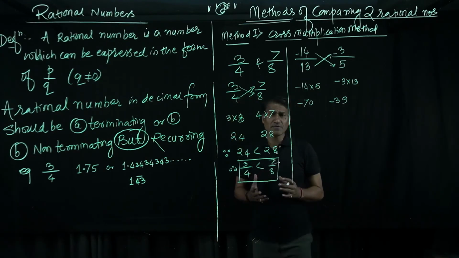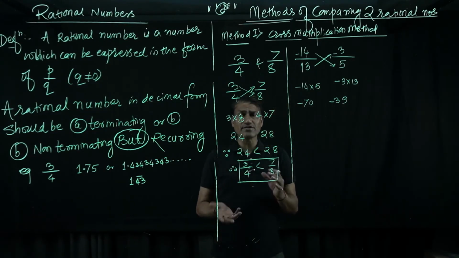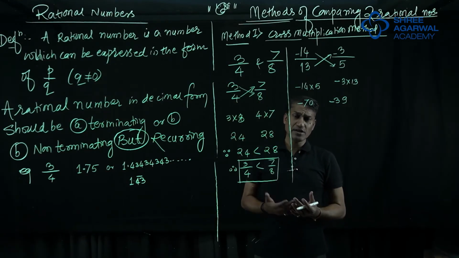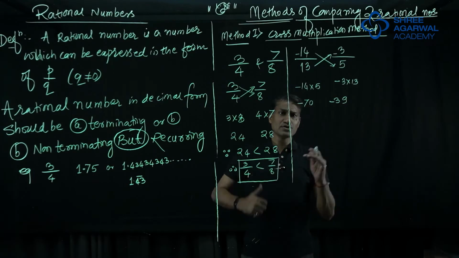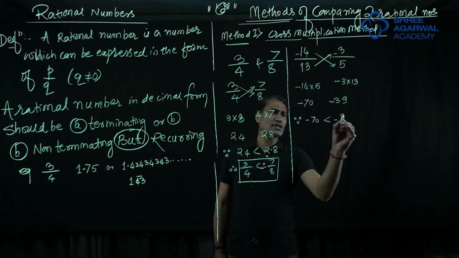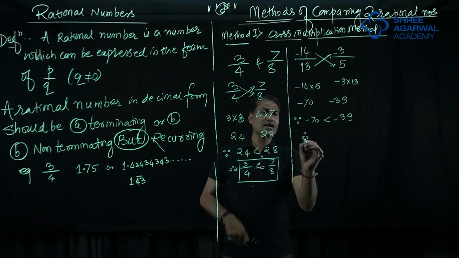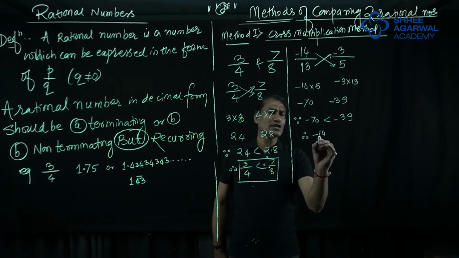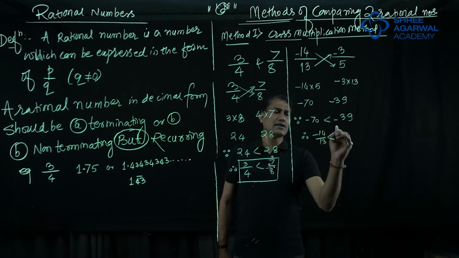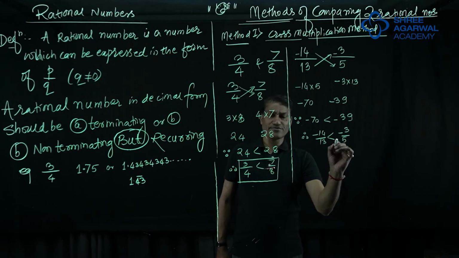Now, here my dear friends, in negative numbers it is reverse. The number which is smaller is bigger in value. So, since minus 70 is smaller than minus 39, therefore minus 14 upon 13 is smaller than minus 3 upon 5.